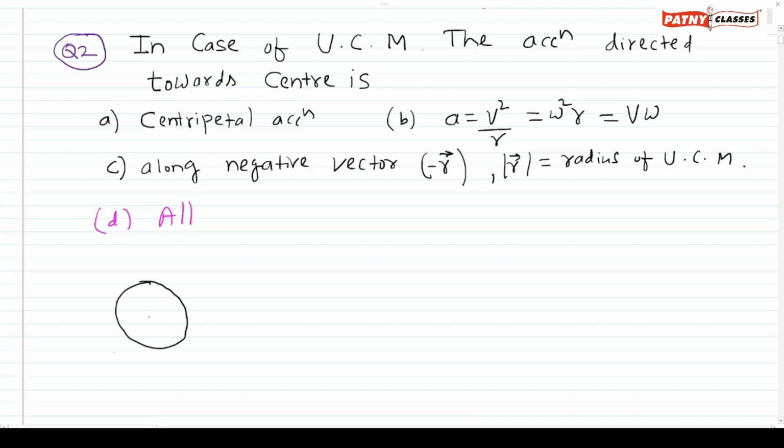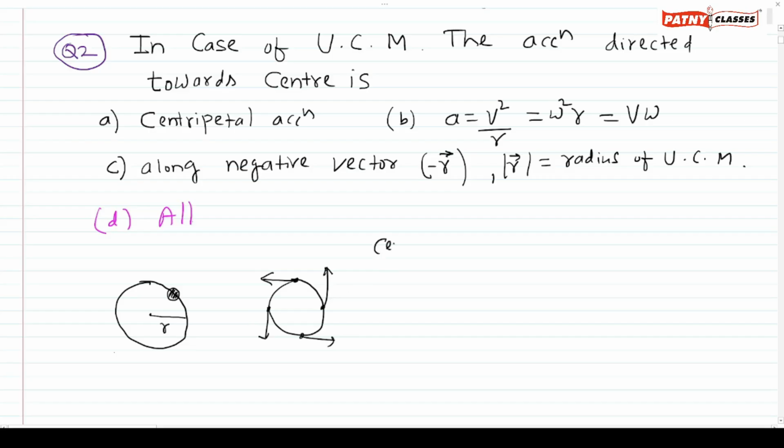This is the circular path of radius R, and this is the body performing circular motion. If you consider the different points of this circular motion, the linear velocity is always along the tangential direction, always tangential to the path of its circular motion.